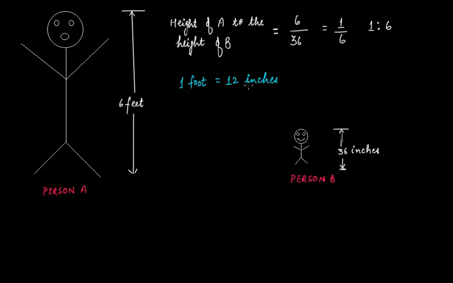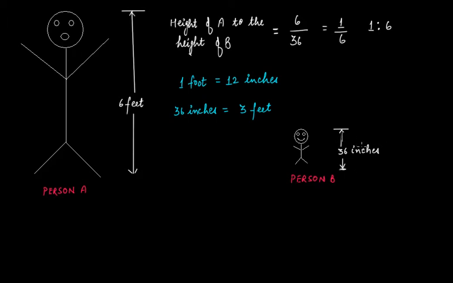So if 1 foot is equal to 12 inches, then how many feet will be in 36 inches? In 12 inches we have 1 foot, so for 36 inches we will have 3 feet, right?